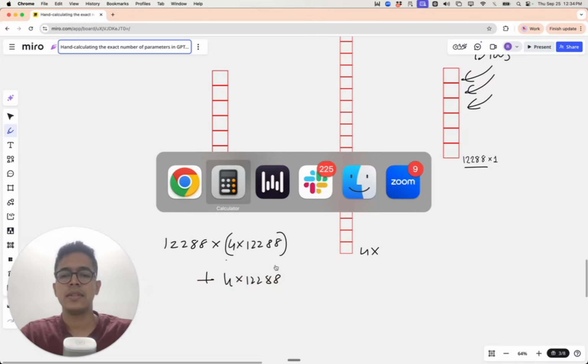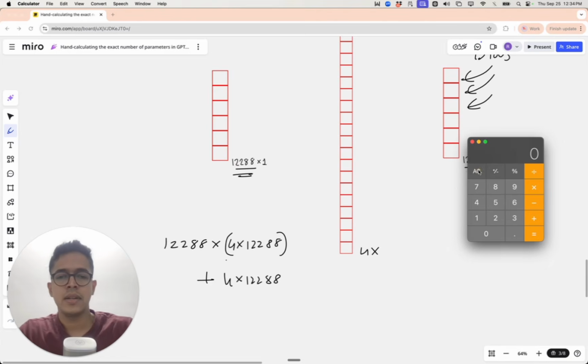So let's calculate what this is. 12288 times 4 times 12288. This is equal to some number plus 4 times 12288. I think I might have messed up the brackets. Let me do this once more. Okay, 12288 times 4 times 12288 equal to 603.97 million.